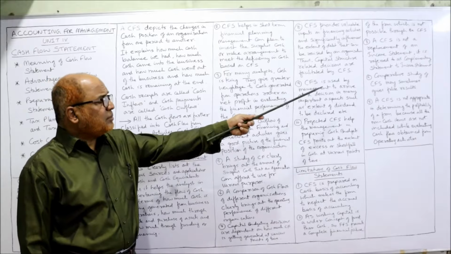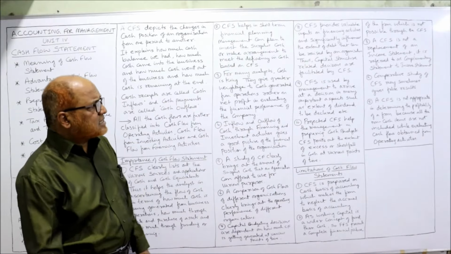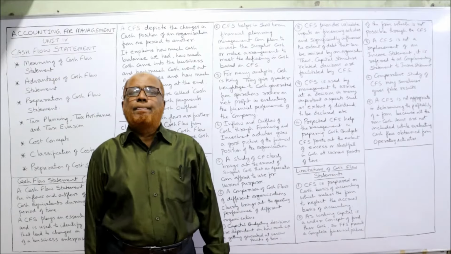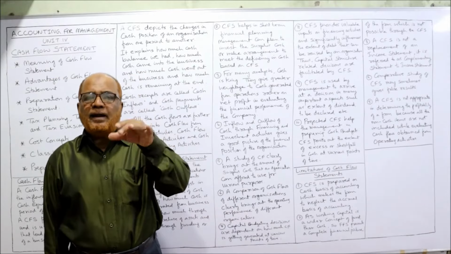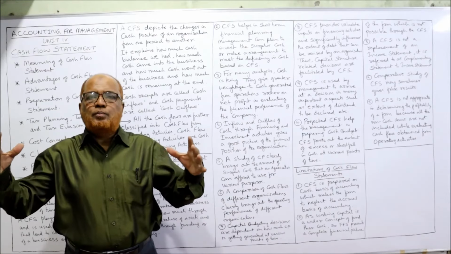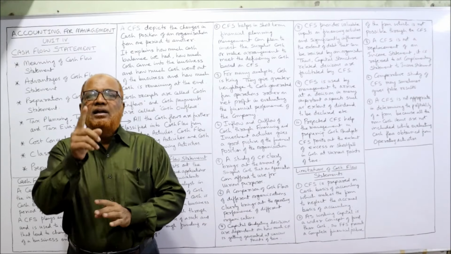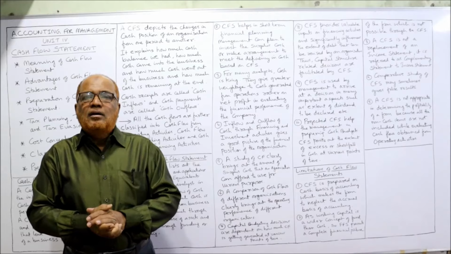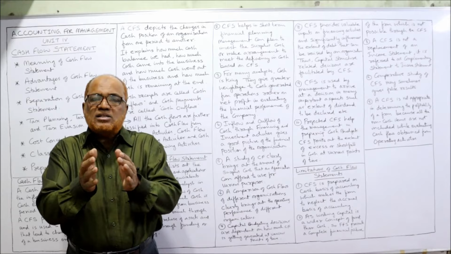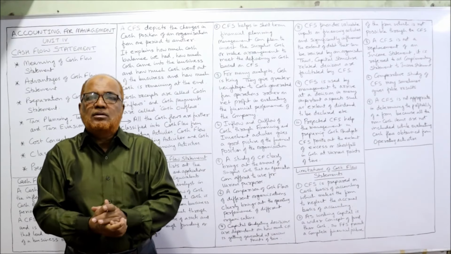Now, cash flow statement is used by management to arrive at a decision in many important aspects, such as extent of dividend to be declared. Actually, dividend will be declared depending on the profits. Sometimes a business is having huge profit. On the basis of profit only, the dividend decision cannot be taken. Because the dividend payment involves cash.